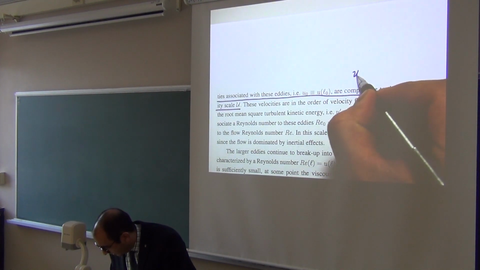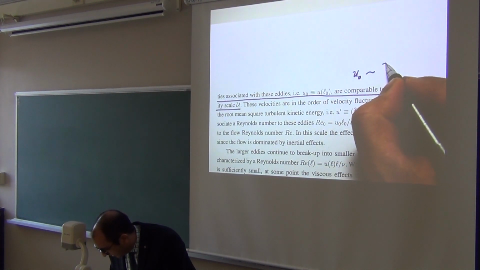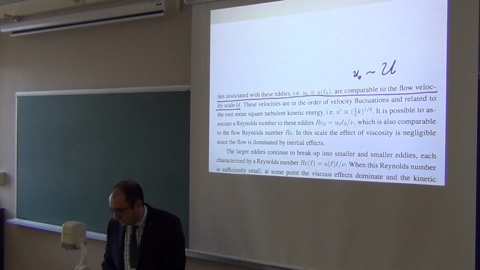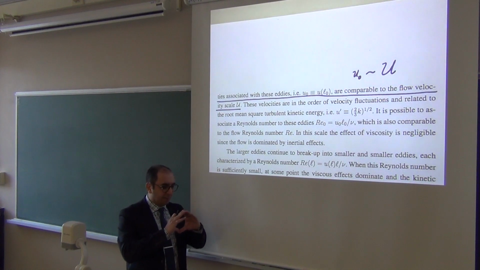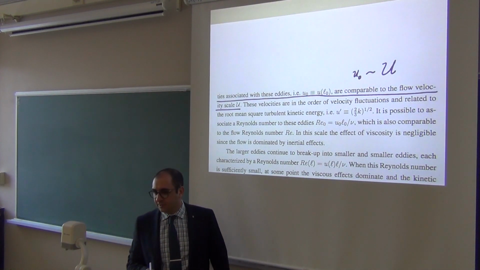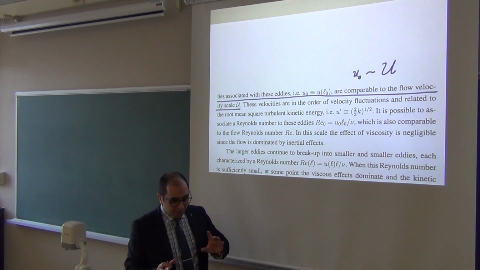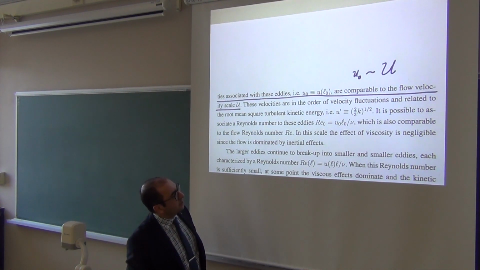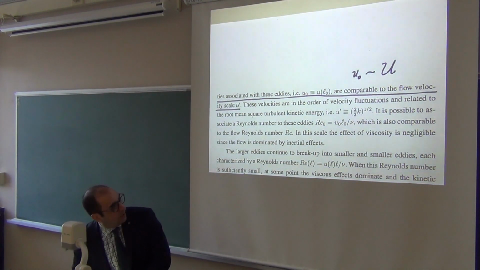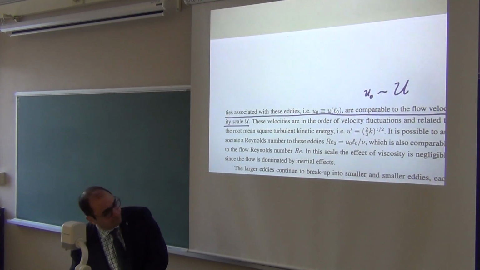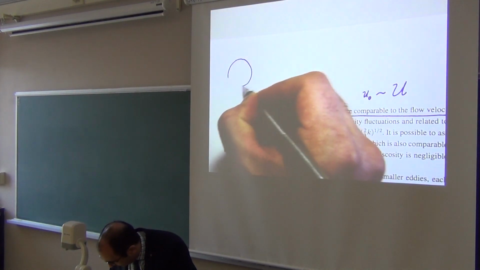So in other words, U naught is also in the order of the velocity scale of the flow, which means that if I had this pipe, and fluid was going at 1 meter per second, the largest fluctuation, by and large, could have the same velocity as the flow itself. If you want, let me just put a small picture here for you to visualize this.